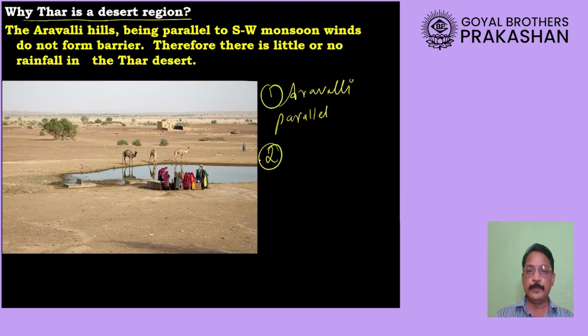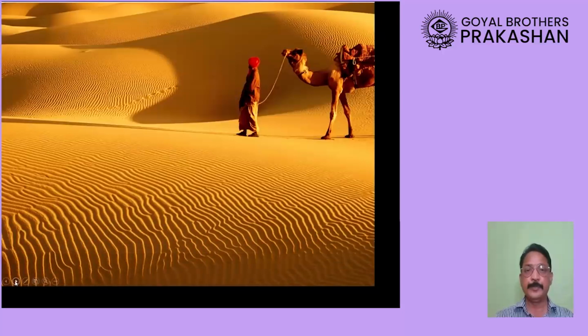And reason number two, the Bay of Bengal branch of the southwest monsoon winds, while blowing towards Aravalli mountain, will start shedding lots of its moisture, and by the time it reaches Aravalli and crosses it, hardly any moisture is left in them, and that is why in the western side where the Thar desert is located, hardly any rain will be received, and that is why that part is a desert, and that part of India is known as Thar desert. It is also known as the Great Indian Desert.